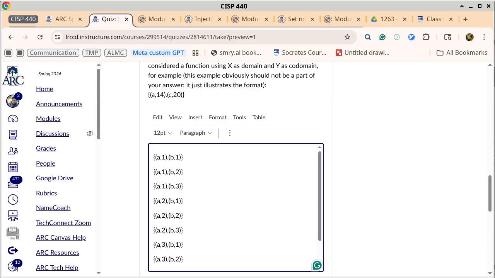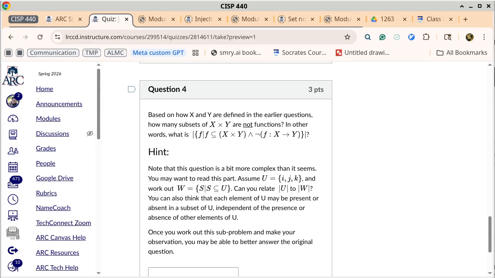So there we go. And question number 4, based on how x and y are defined in the earlier questions, how many subsets of x and y are not functions?